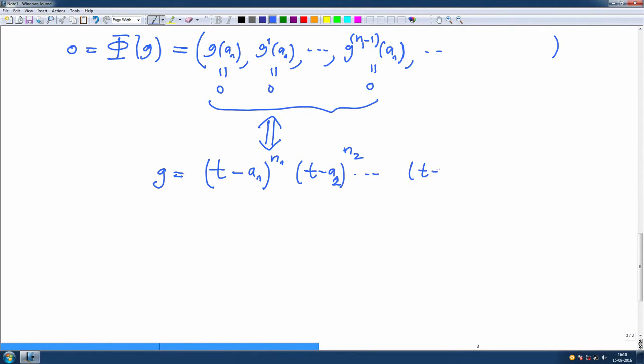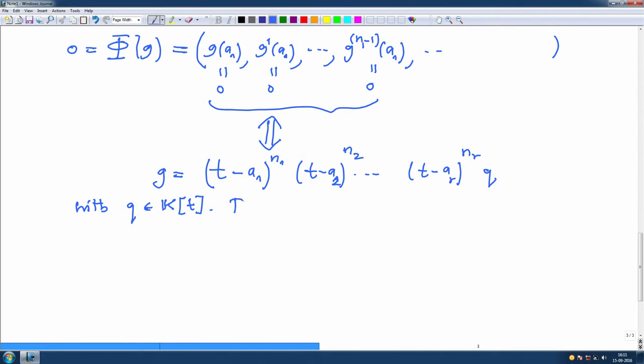So (t minus AR) power NR is also a factor of g, and this factor is co-prime to the other factors. That means the product divides g, and maybe something is still left, let us call that a polynomial q in t.